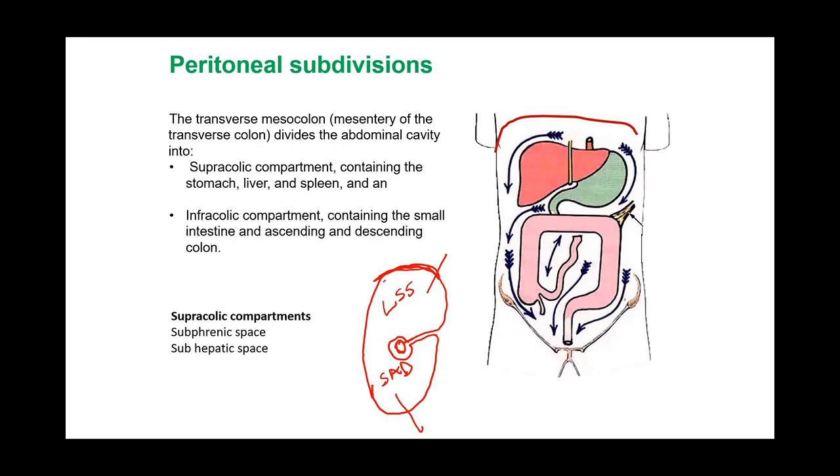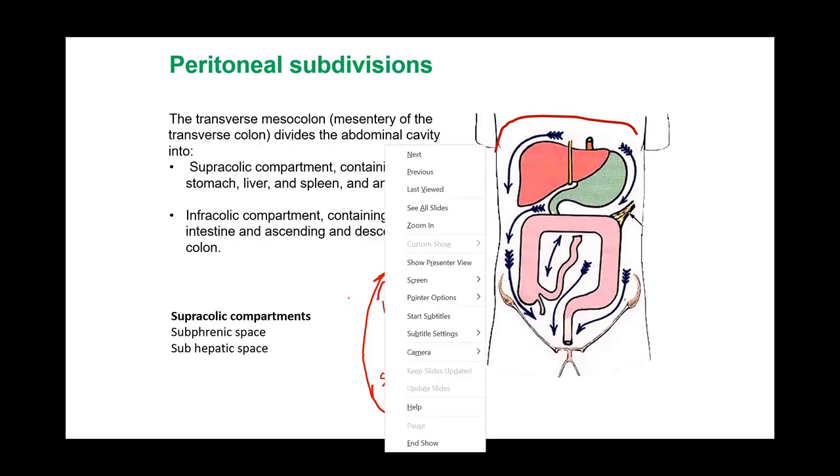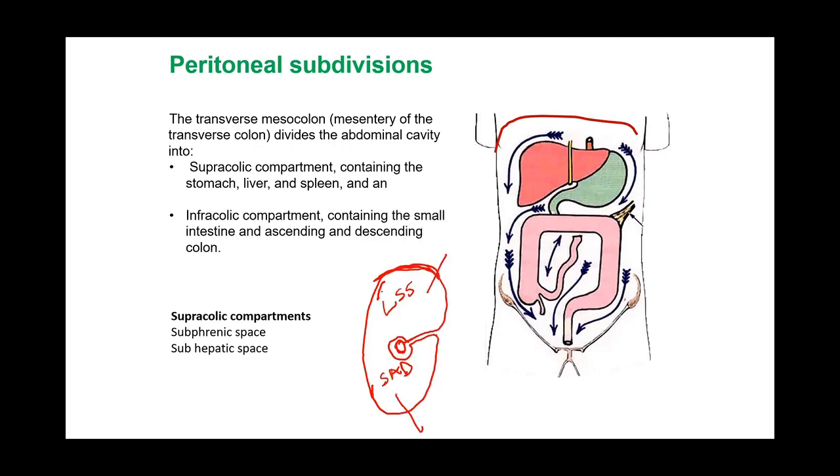There's the subphrenic space, then you have the liver, then you now have the subhepatic space. Here you see the clinical significance. The subphrenic abscess can collect there.